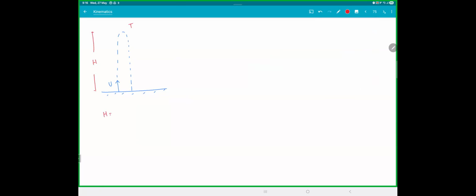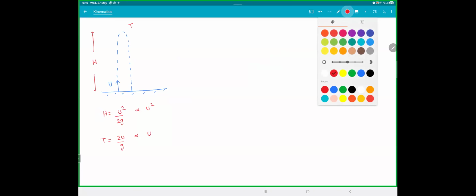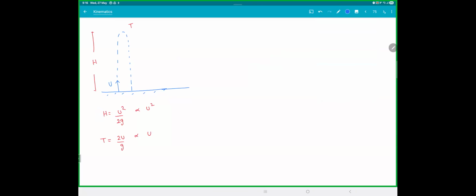So what is h? h is equal to u square by 2g, and this is proportional to u square. Means every time your speed becomes half, u square becomes 1/4. Your time of flight is 2u by g, proportional to u. So second time, when your speed becomes half, you will go less height.